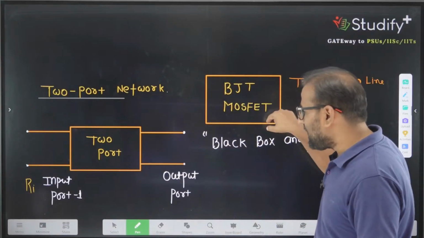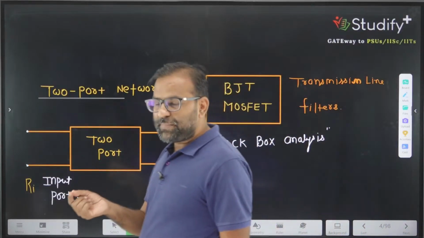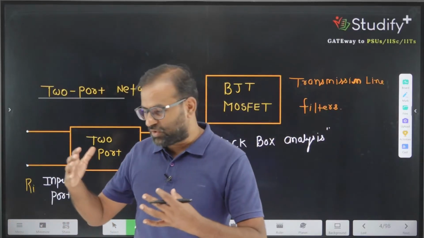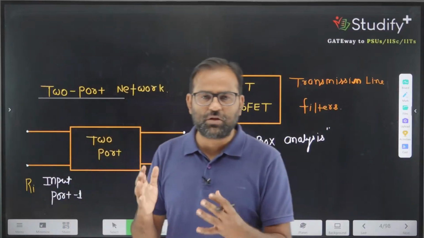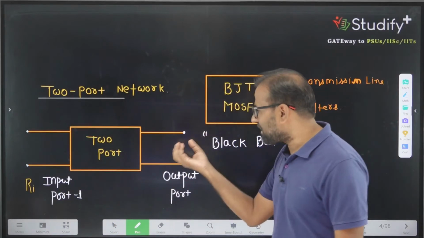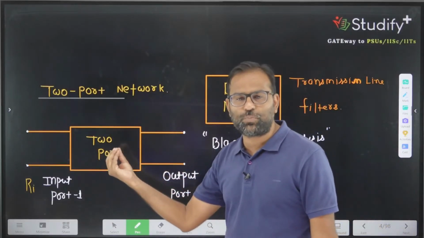If we know some parameters, then it will be easier for us to see the effect of this on the network. And these values are given by the two-port network.